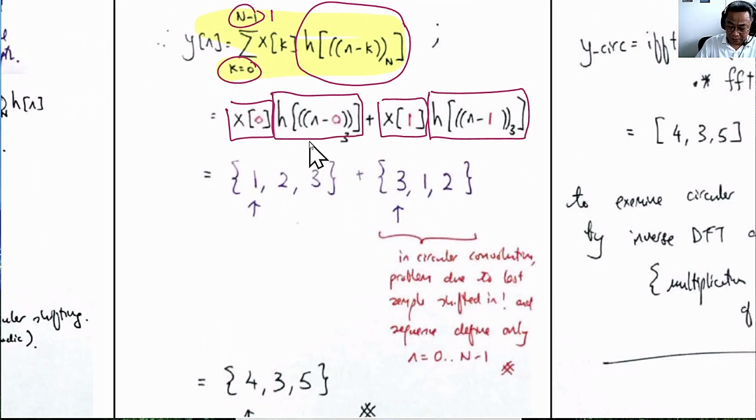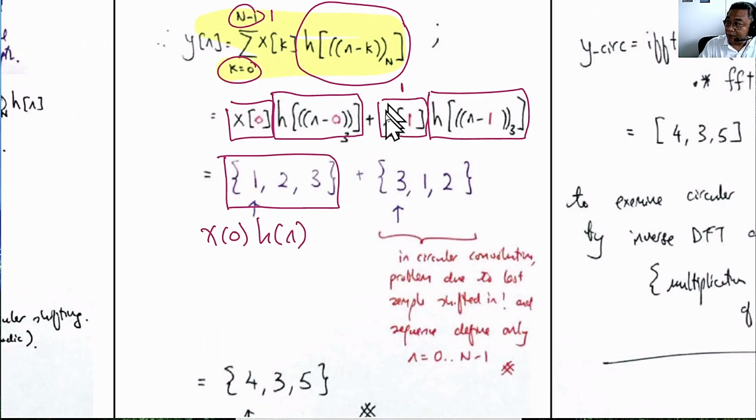So this is actually exactly h[n]. Nothing changed. This is exactly x[0] times h[n] as in our previous case. This x[1] is still 1. There's no change here, but this is not the same as h[n-1] in our previous case. This is h of (n minus 1) modulo 3, and this is being shifted in.